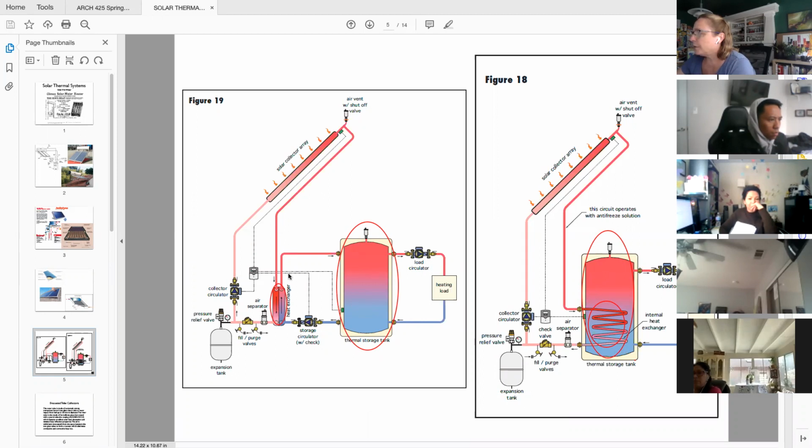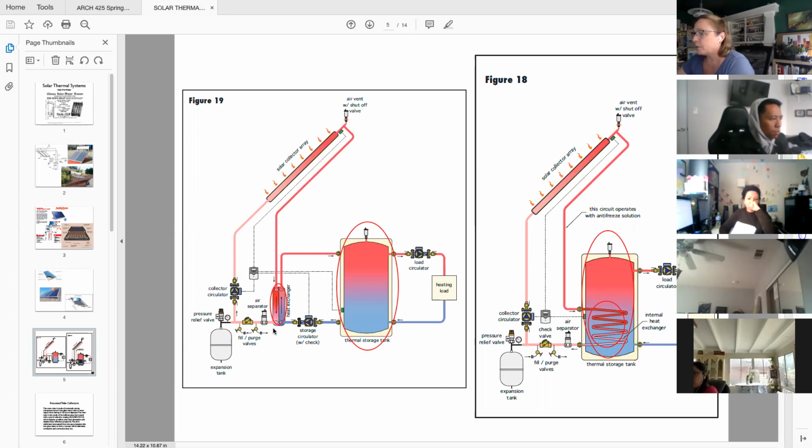So both of these are closed loop solar thermal systems where the water that is circulating through the collector passes through a heat exchanger and then circulates back up through the collector again. The water in this loop is constant. It's always the same water that's going through there.